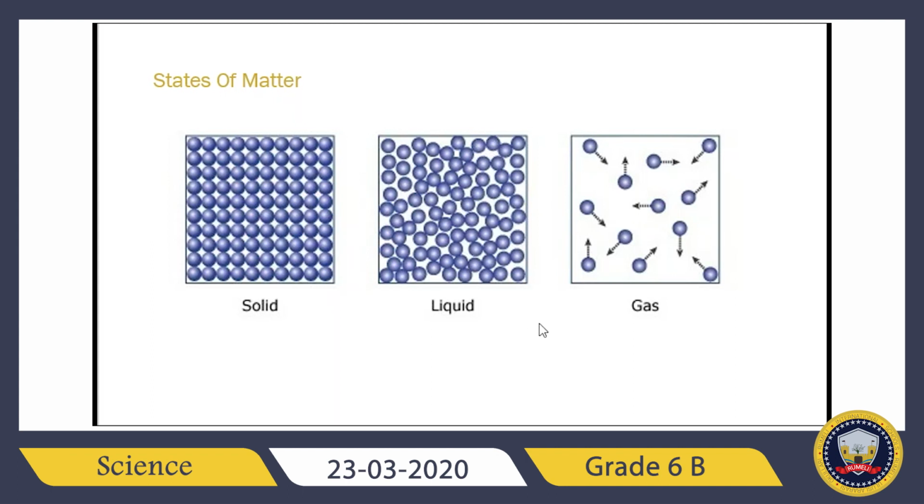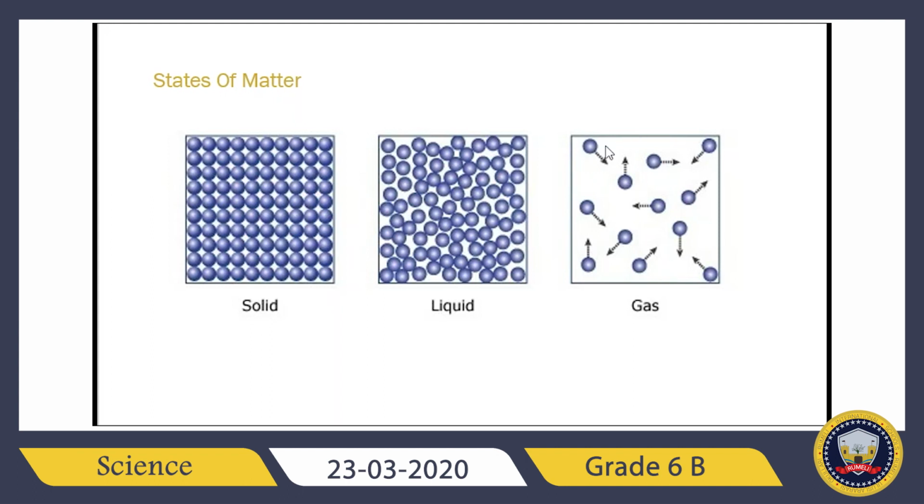So now let us move and discuss the gaseous state. As we can see here, in the arrangement of the particles of the gaseous state, the spaces between these particles are very big, and the particles are moving freely in all directions. So because of that, gas doesn't have a definite shape and doesn't have a definite volume.